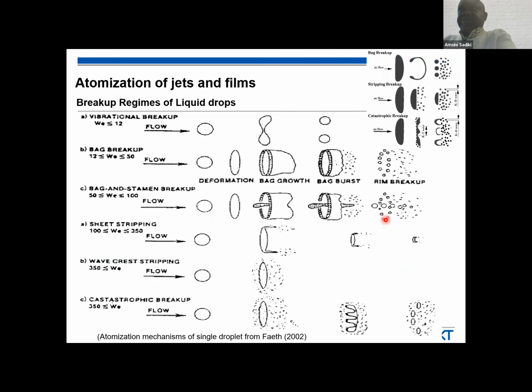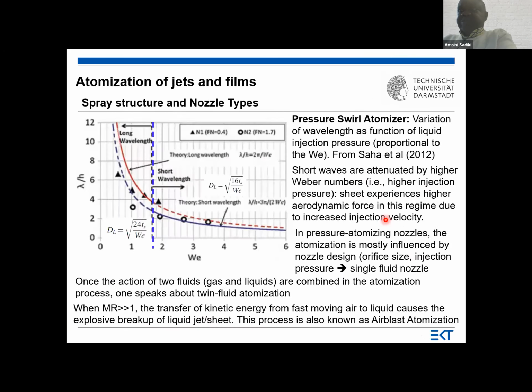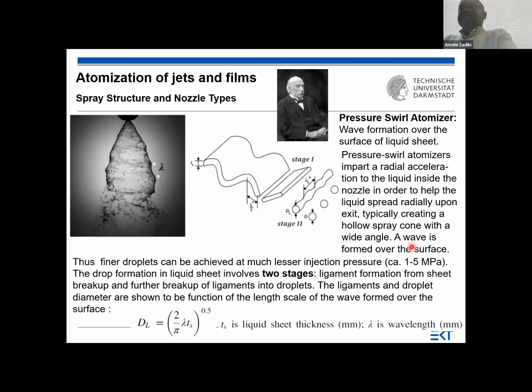At the same time, we have a wave which is formed over the surface. This can be reached with very low injection pressure. The droplet formation involves two stages. The first one is the sheet formation with a wave on the surface, where lambda is the wavelength.